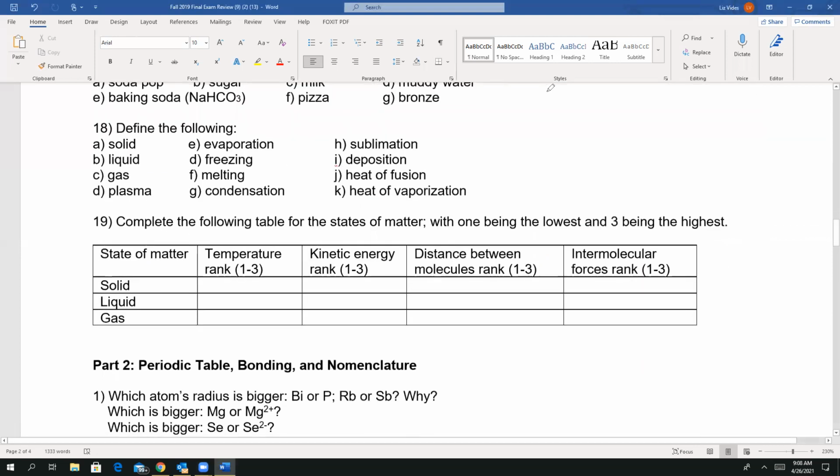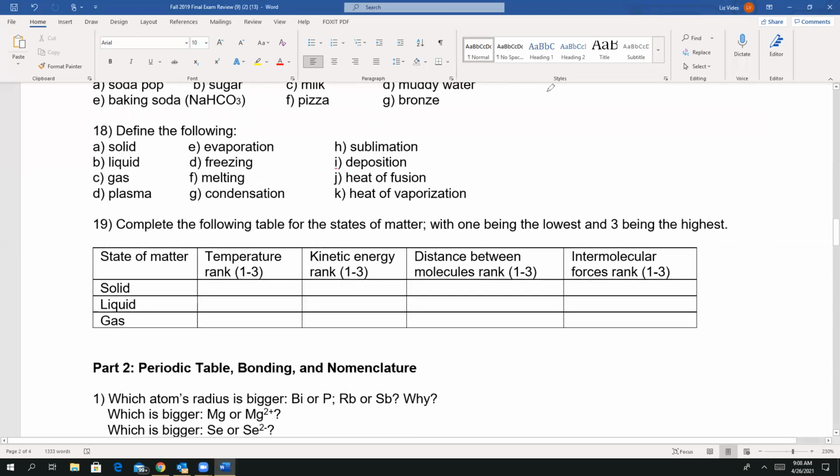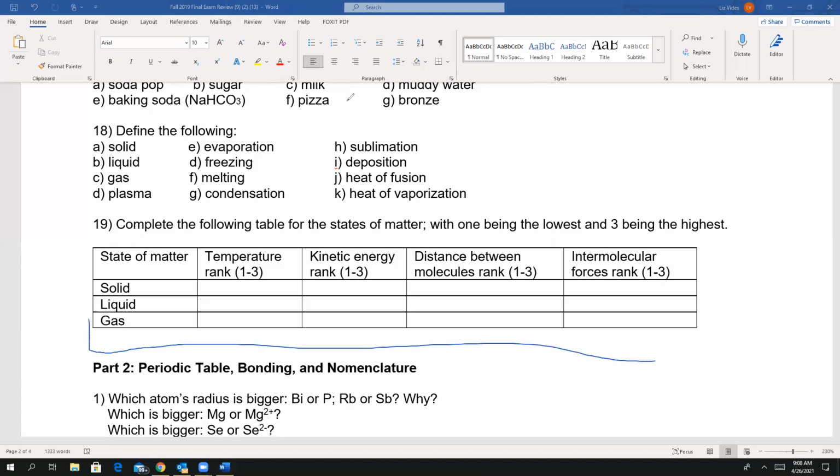Now, the definitions there for you. You are going to define all of these yourselves. So they're already there. You got them. Now, for this one, what they're asking us to do is rank the states of matter, and let's add plasma to it, just because we can. So temperature ranking will obviously be 1 through 4 now.